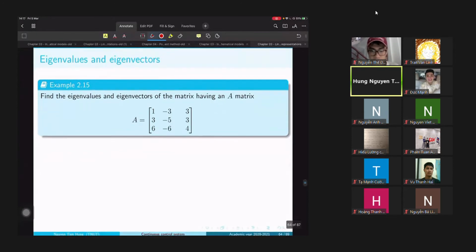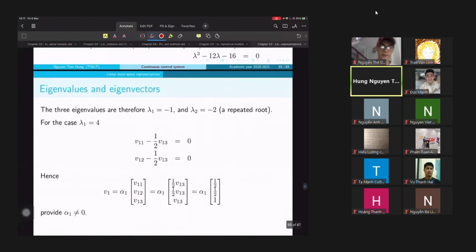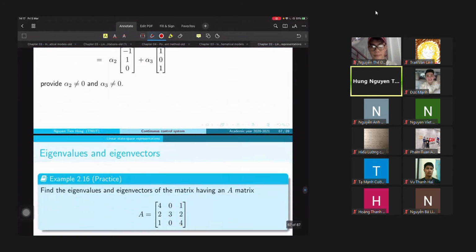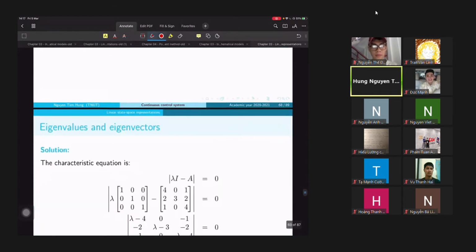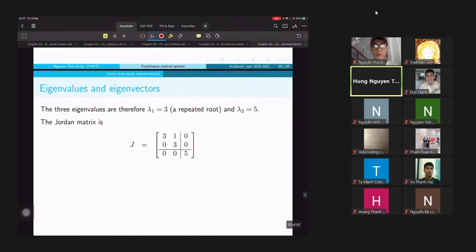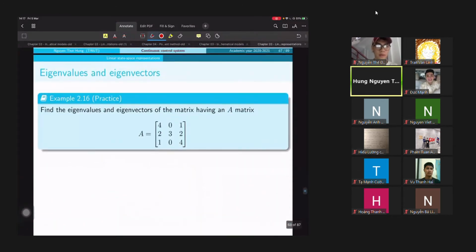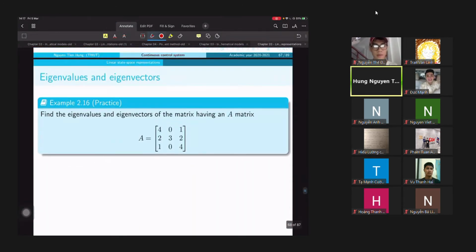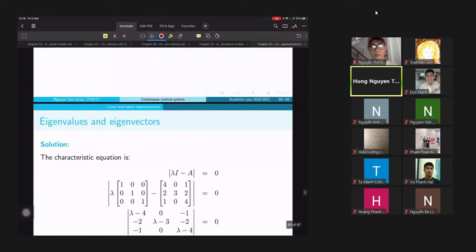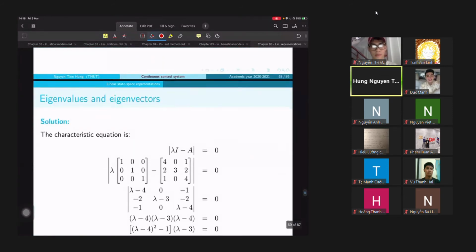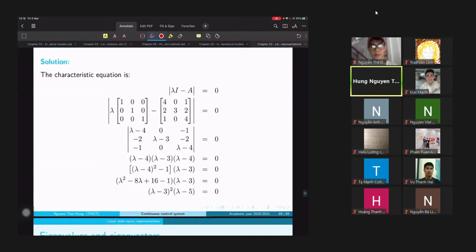I also give you an example for that. I'm not sure where it is. Oh, this one, I think. You have also the example, and I'll practice on this. Find eigenvectors of this matrix. You did this, and we find the solutions lambda equal 3 and lambda equal 5.